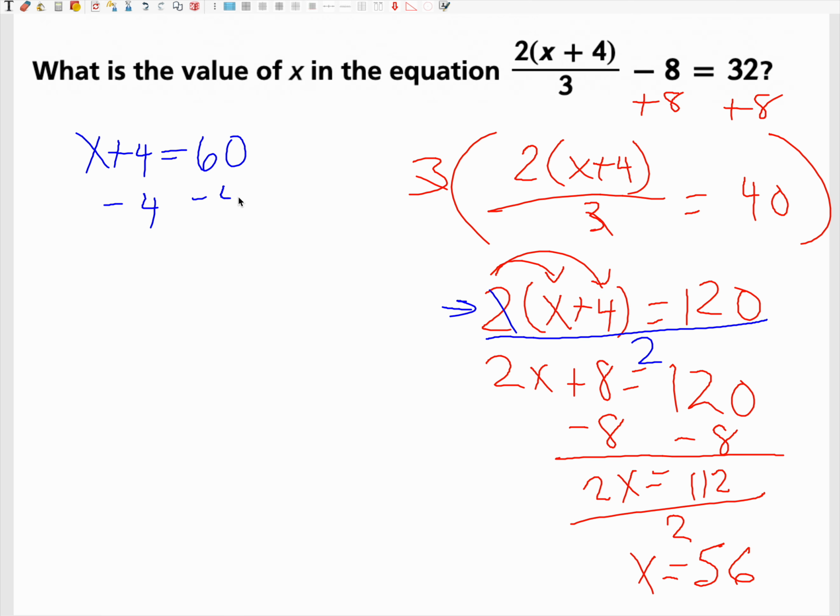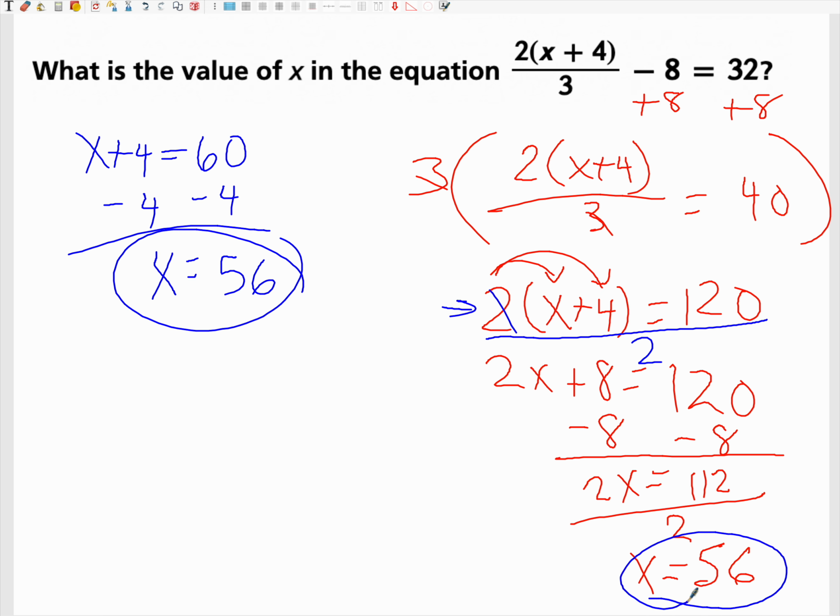Then one more step, subtract 4, so x equals 56. So we get the same solution, which obviously matters. We should get the same solution. Sometimes we can avoid this distribution step and shorten the problem a little bit. Nothing wrong with doing it the other way. But one of the things they want us to teach in math is efficiency, doing it in as few steps as possible. So anytime we can eliminate a step, that's a good thing.